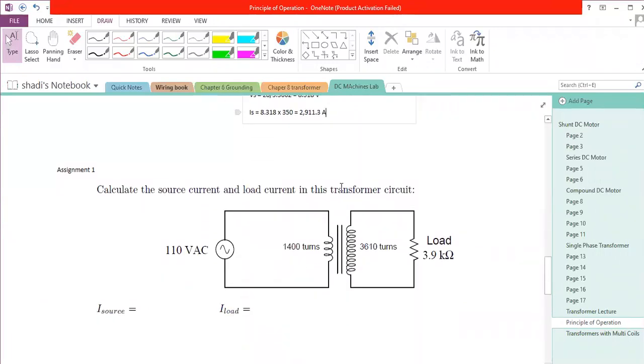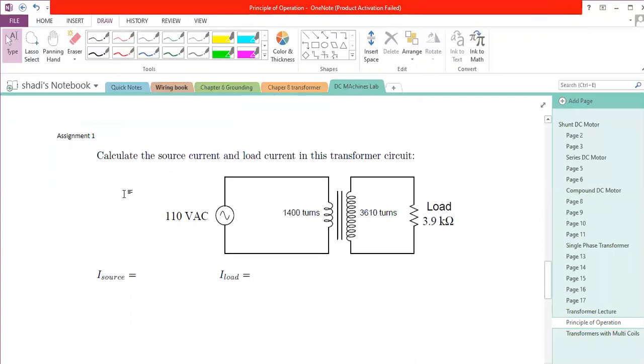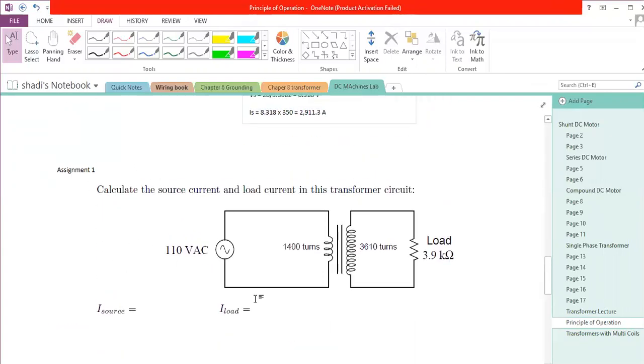Now, I will ask you in your final report to answer these two assignment questions. The first one: we have 110 volt AC connected to the primary, which has 1,400 turns, and the secondary has a much higher number of turns, 3,610 turns, connected to a load of 3.9 kilo ohm.